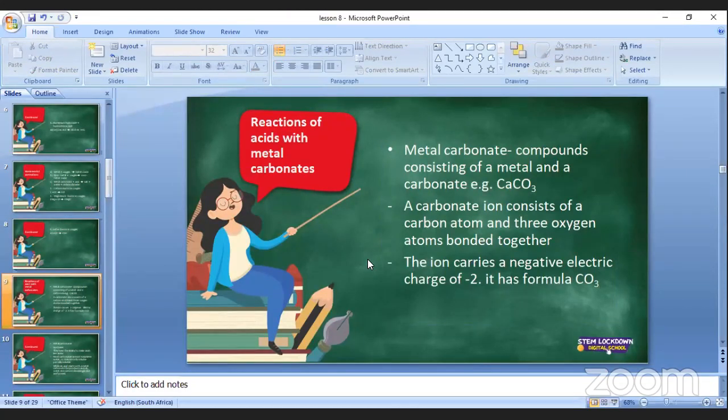So calcium carbonate, grade 9s, what do you think is an example of calcium carbonate? The blackboard chalk was traditionally made of calcium carbonate. Today, most chalk is made of calcium sulfate. Calcium carbonate and calcium sulfate are examples of the chalk that we use in classrooms.